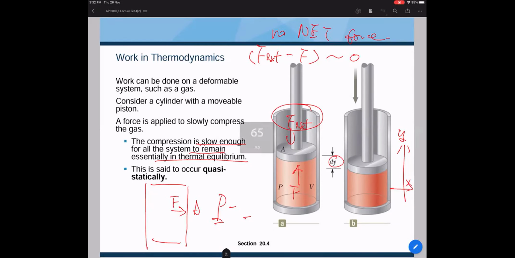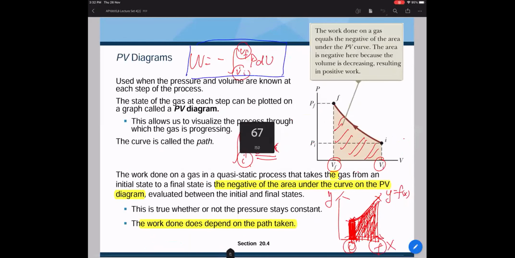So here we have seen the work done, and the work done can also be discussed on the PV diagram of a gas system. The PV diagram maps out the change of the states of the gas from an initial condition to a final condition.